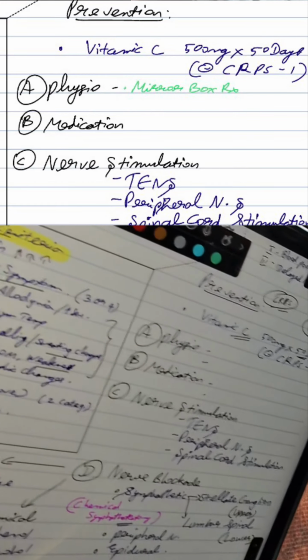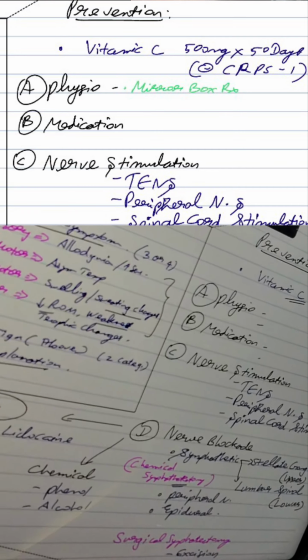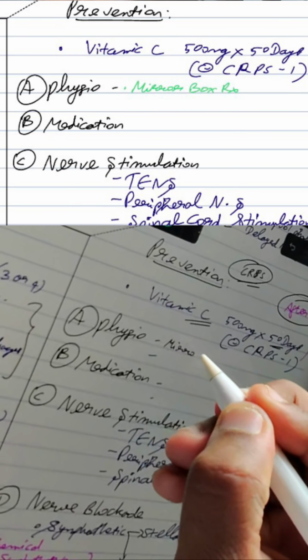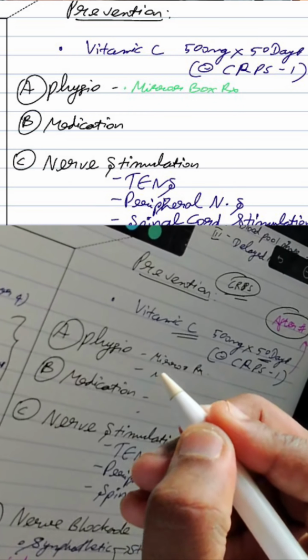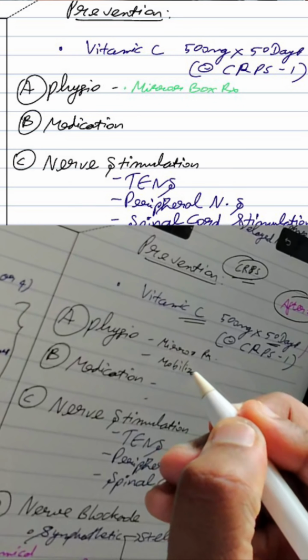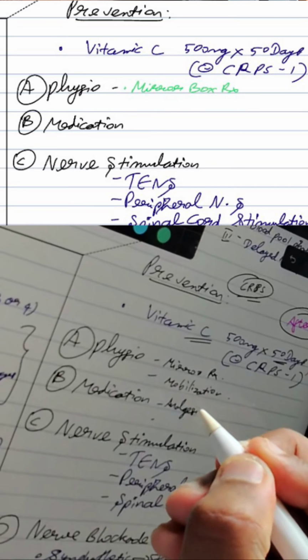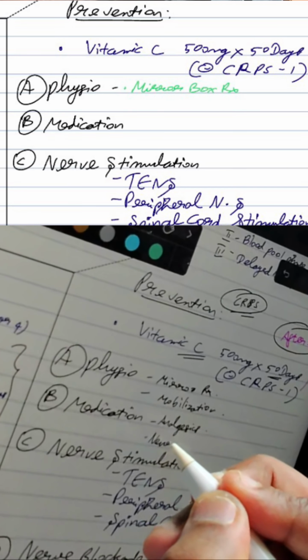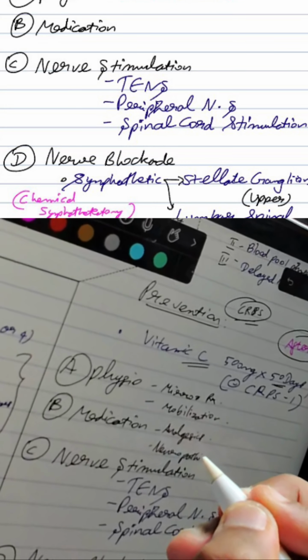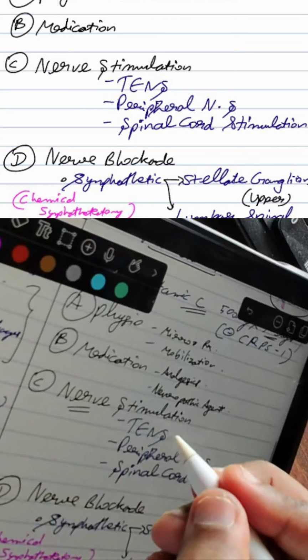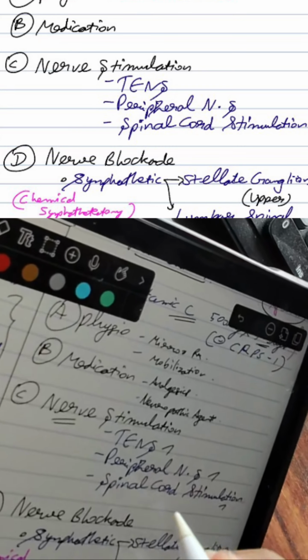Then we can opt for physiotherapy, like mirror therapy and early mobilization. Medications will be analgesics and neuropathic agents. And nerve stimulations like TENS, peripheral nerve stimulation and spinal cord stimulation can be done.